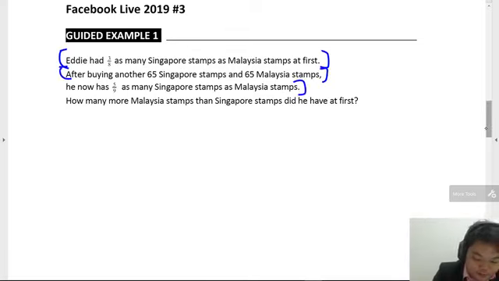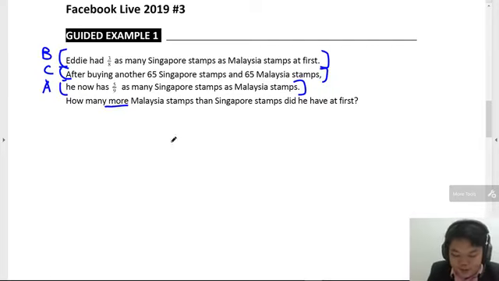Okay? So you can see that this is before anything happened. This is the change, and this is your after. And the question here is, how many more Malaysia stamps than Singapore stamps did he have at first?